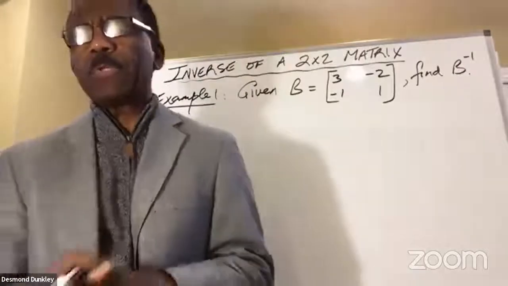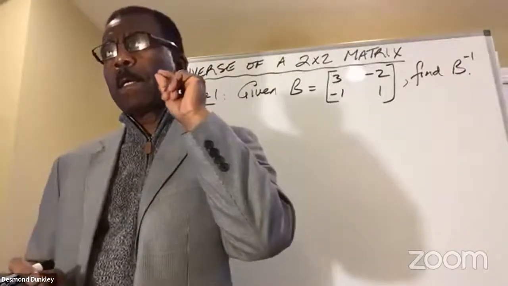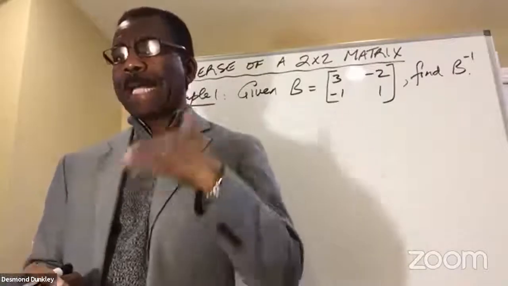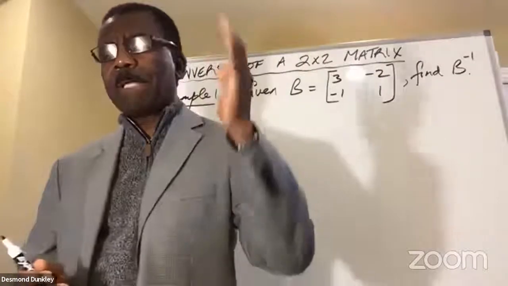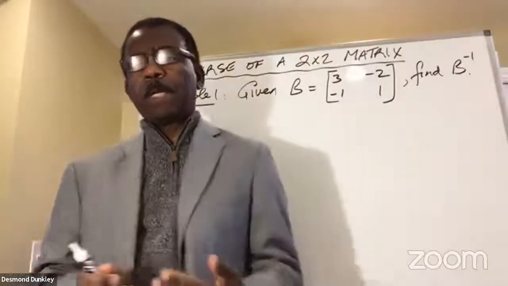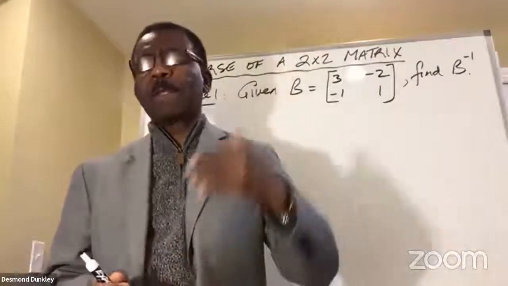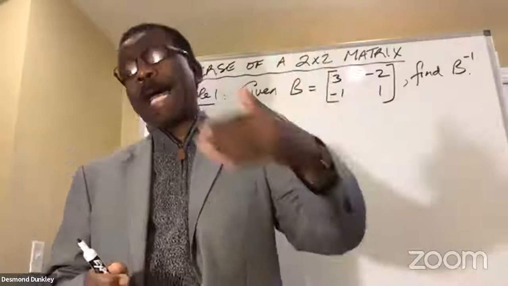Oh, one thing I didn't mention to you is that every matrix that has an inverse must be a square matrix. In other words, you must have the same number of rows and the same number of columns. So it could be a 2 by 2, a 3 by 3, 4 by 4, n by n.